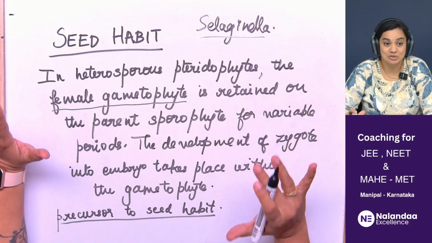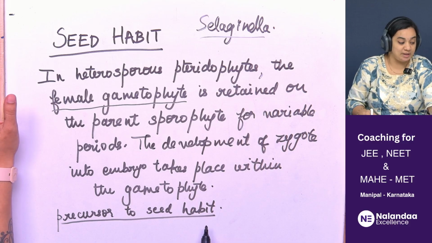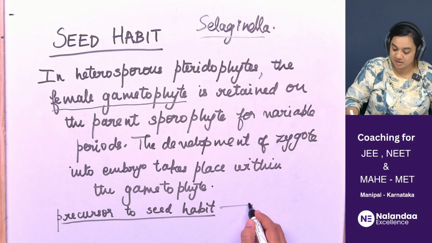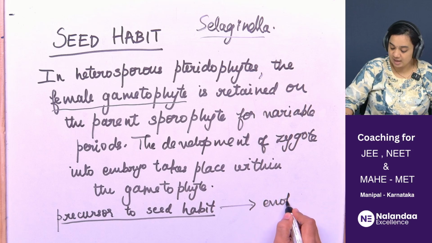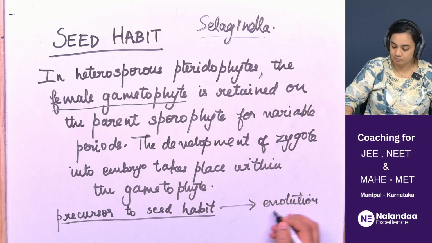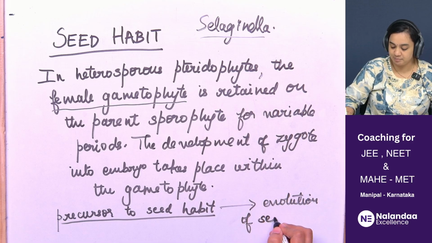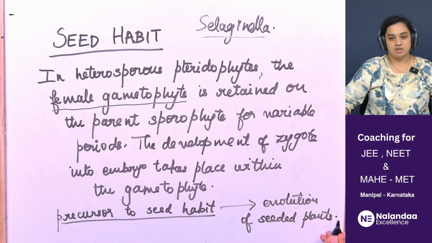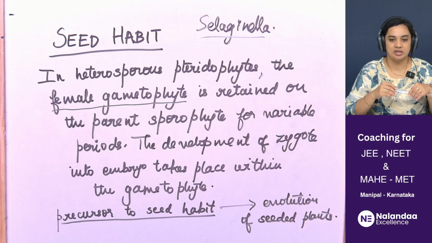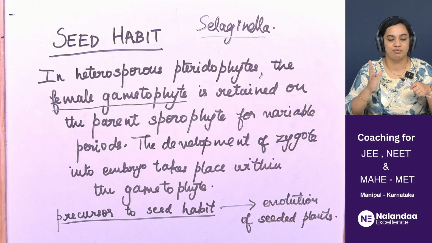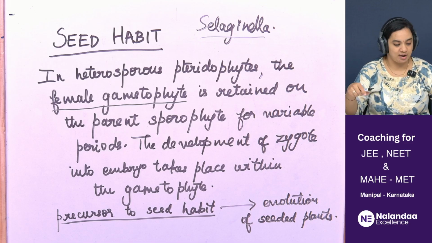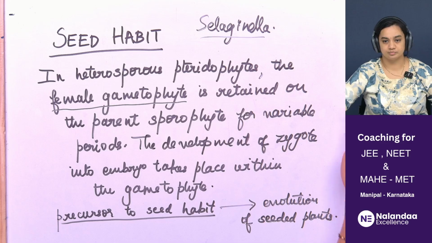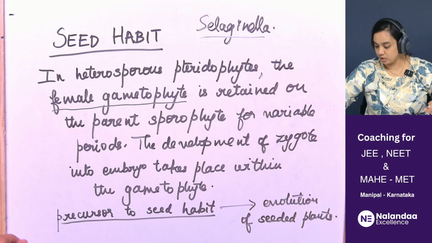This step is considered to be the precursor to the seed habit, which was the first step in the evolution of seeded plants, which are gymnosperms and angiosperms. Clear? So this is about seed habit.